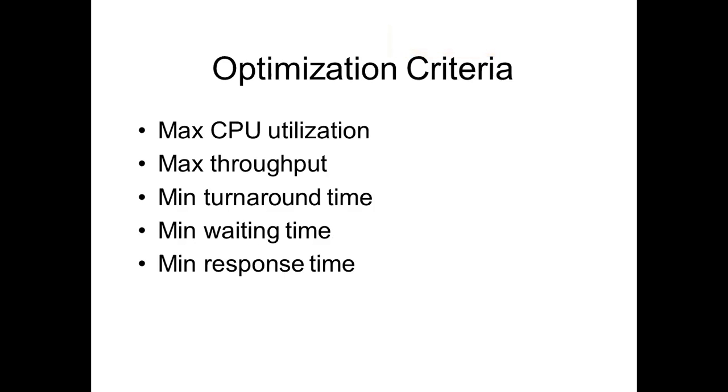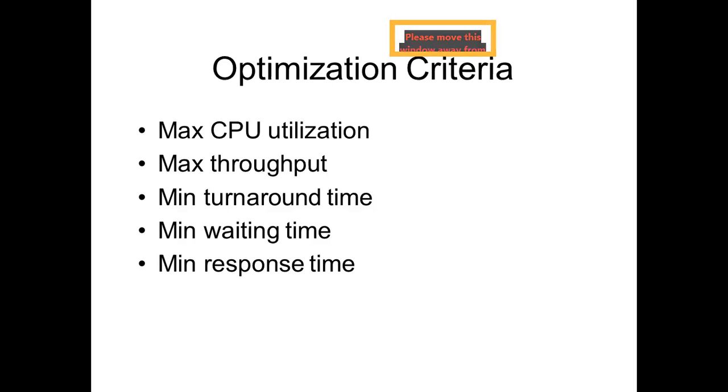Maximum CPU utilization, maximum throughput, minimum turnaround time, minimum waiting time, minimum response time. Okay, now you can remember these terms for the optimization criteria.